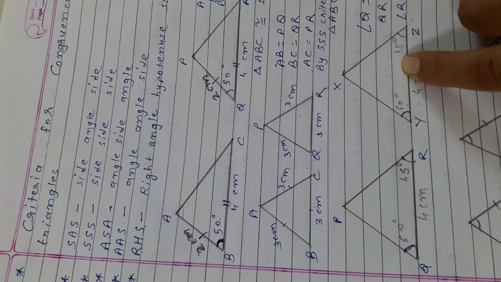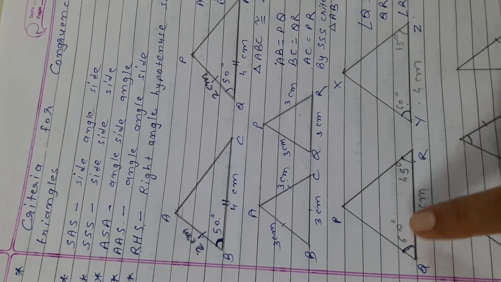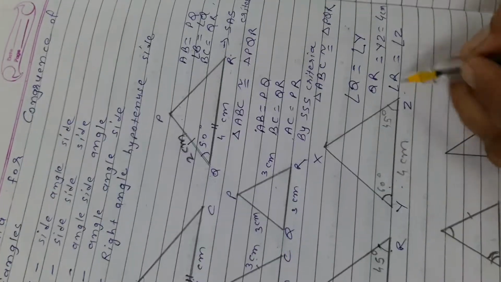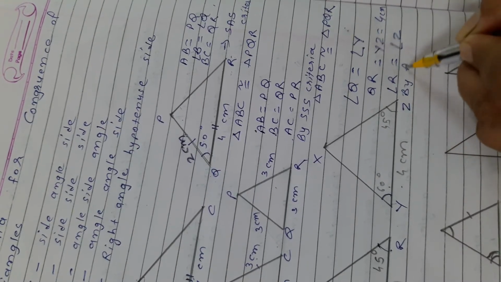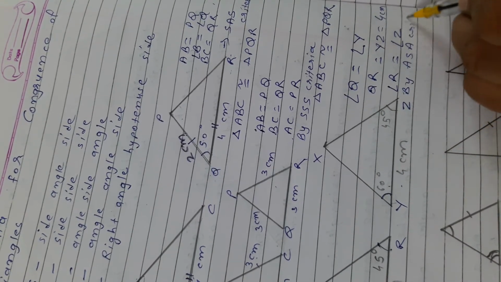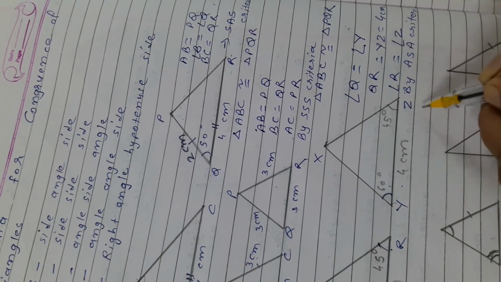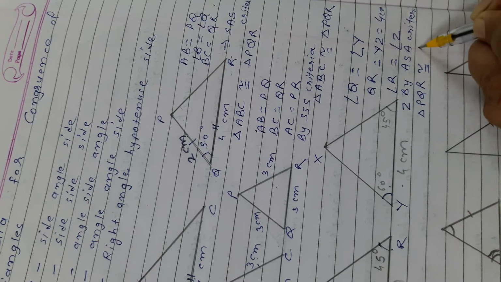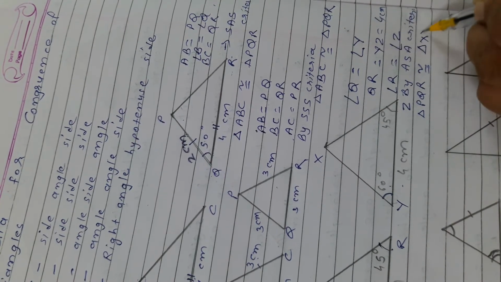So this type of criteria is called angle side angle. So by ASA criteria, triangle PQR is congruent to triangle XYZ.